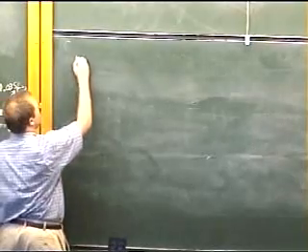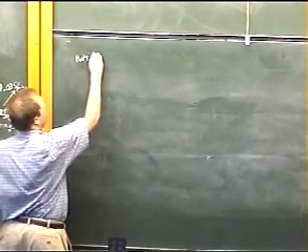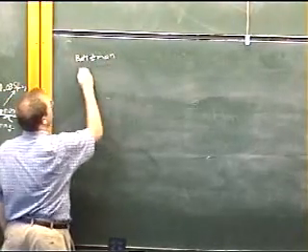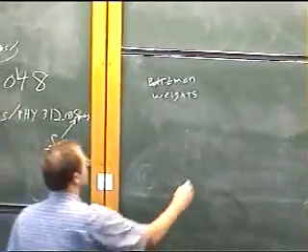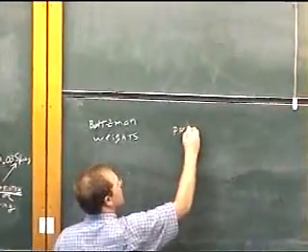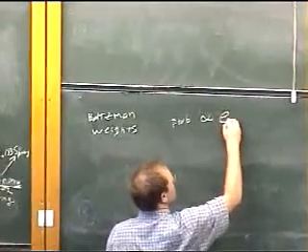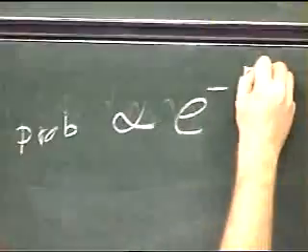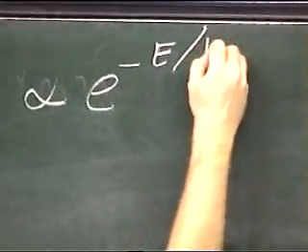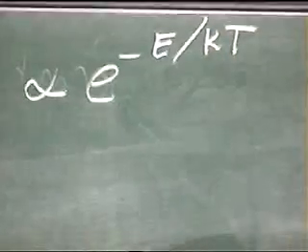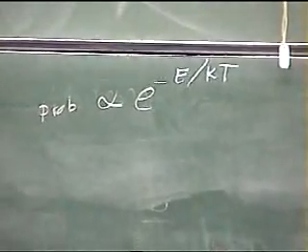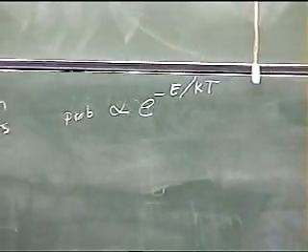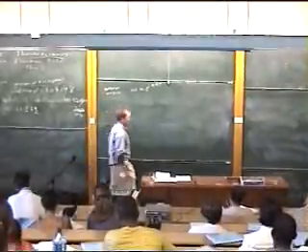And the most important thing about thermodynamics are the set of Boltzmann weights, which tell us the probability for something to happen due to a thermal fluctuation, probability, is proportional to e to the minus the energy divided by Boltzmann constant times the temperature. Okay, how many of you are familiar with this statement? About half of you? Okay, most of you. Good. Most of you. Good.